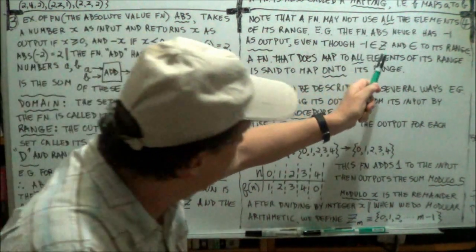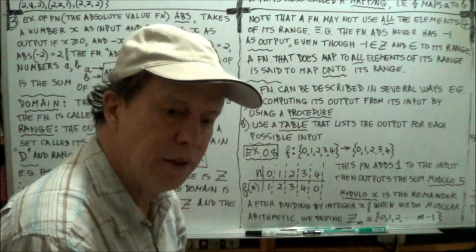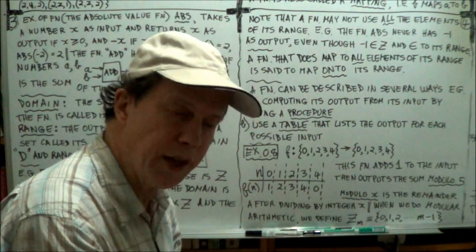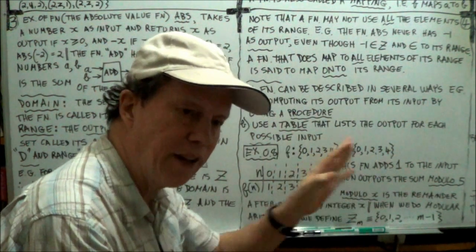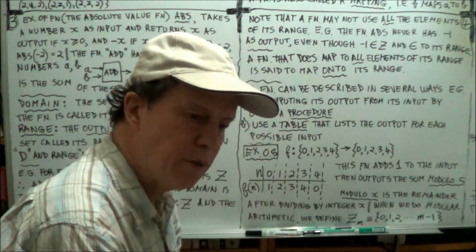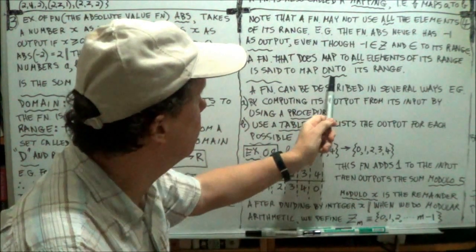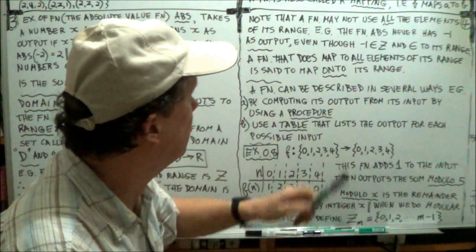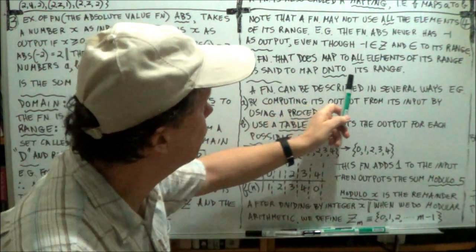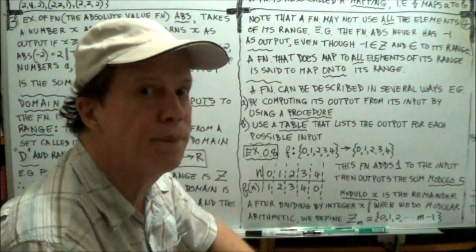So if every element in the range is used, that function, that f, is said to be an onto mapping, right? So the function maps onto the range.